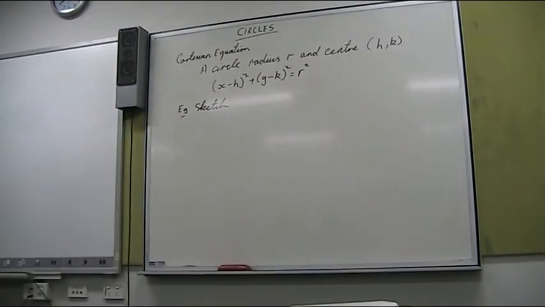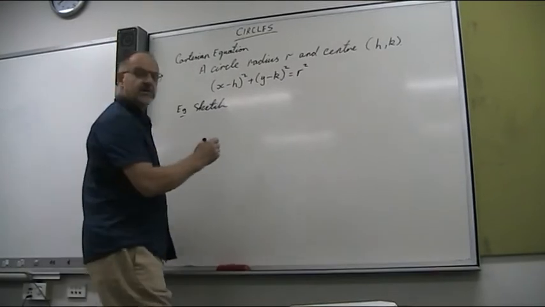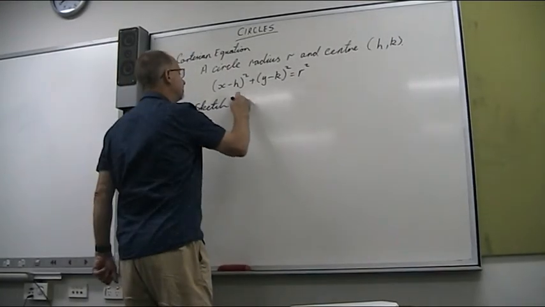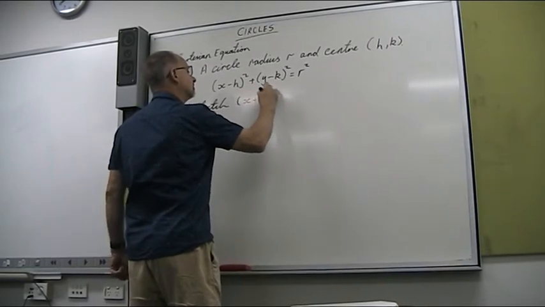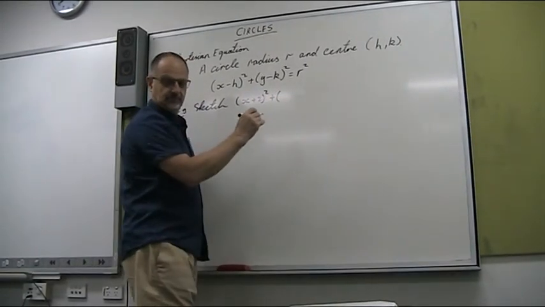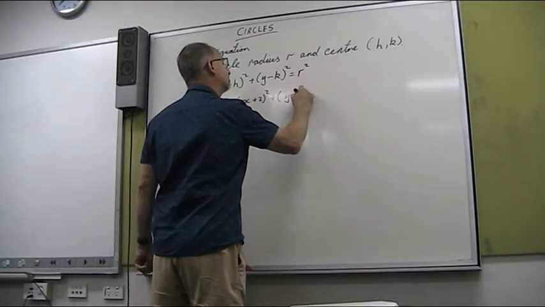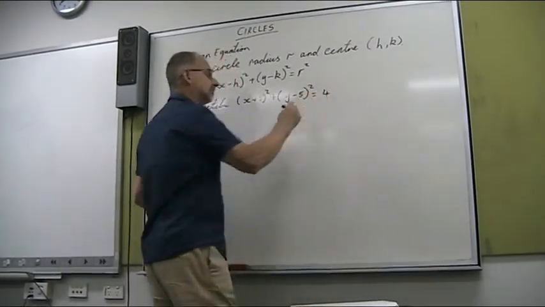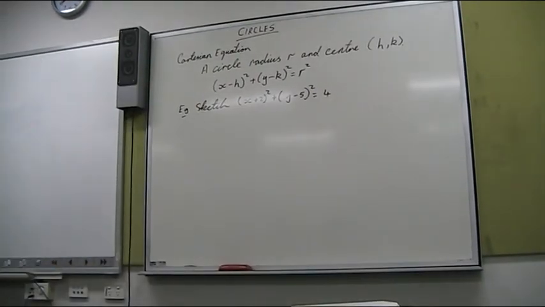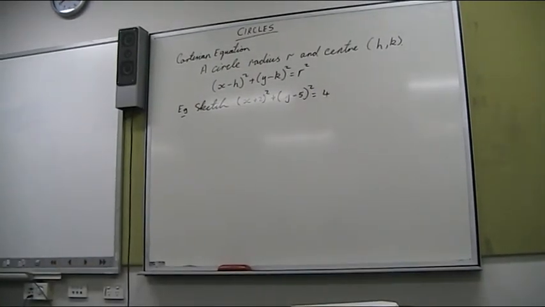And so if we were to sketch, so this one for example, x plus 2 squared plus y minus 5 squared equals 4.